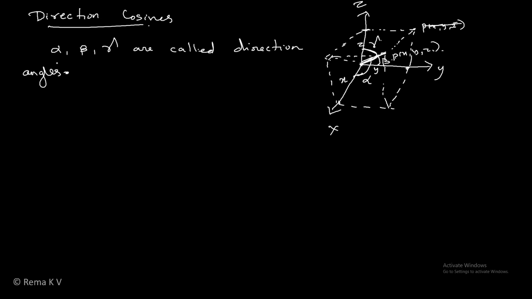Now if we take the cos ratio of these angles, cos alpha, cos beta and cos gamma, they are called the direction cosines.